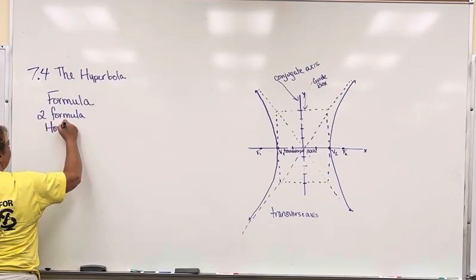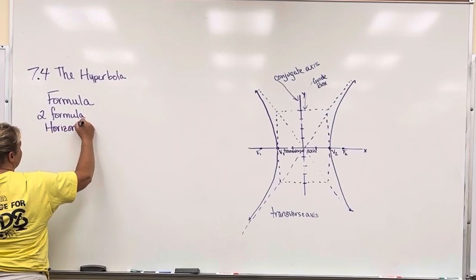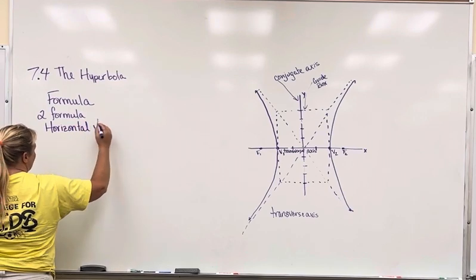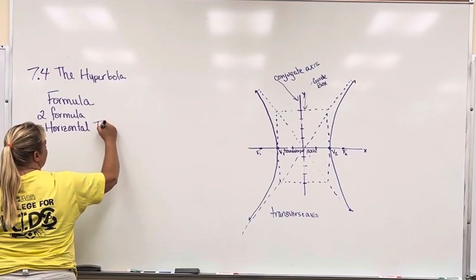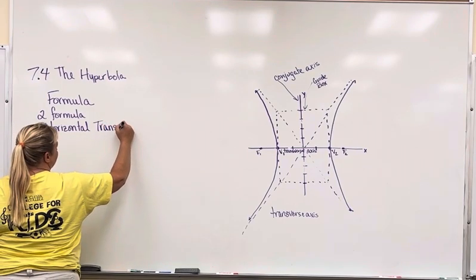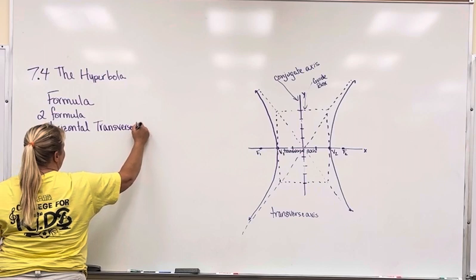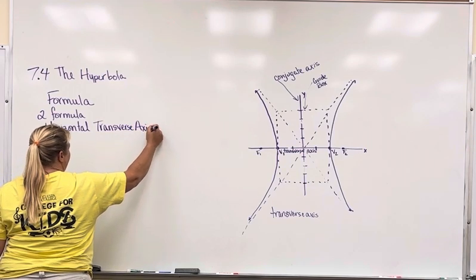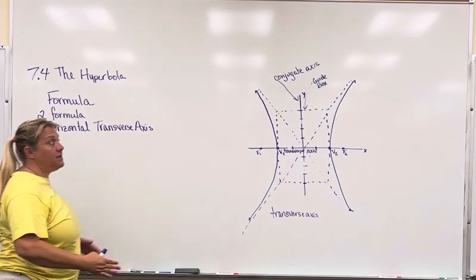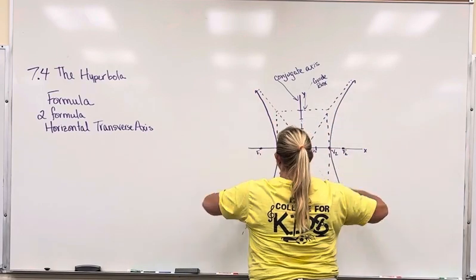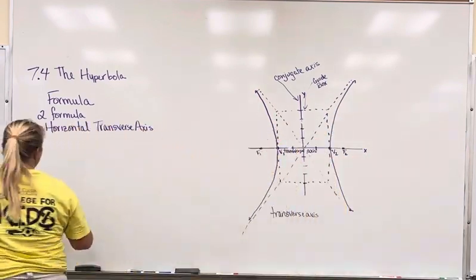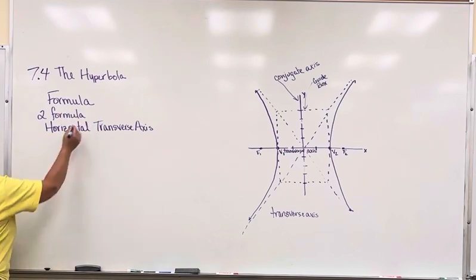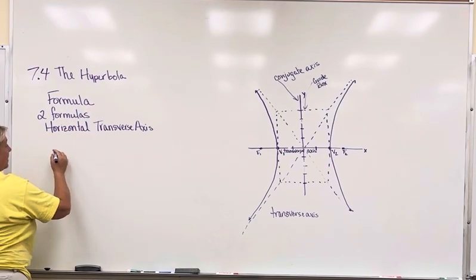So horizontal, that is a V, not a T. Transverse axis. Okay, and that means that the arcs are opening to the side, like just what we've got going on here.